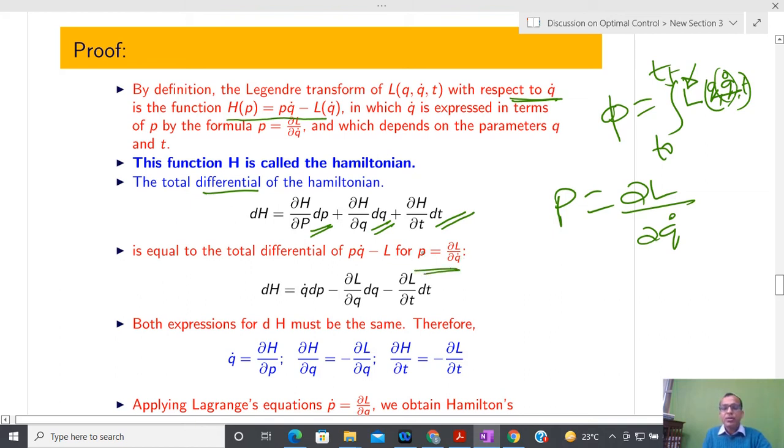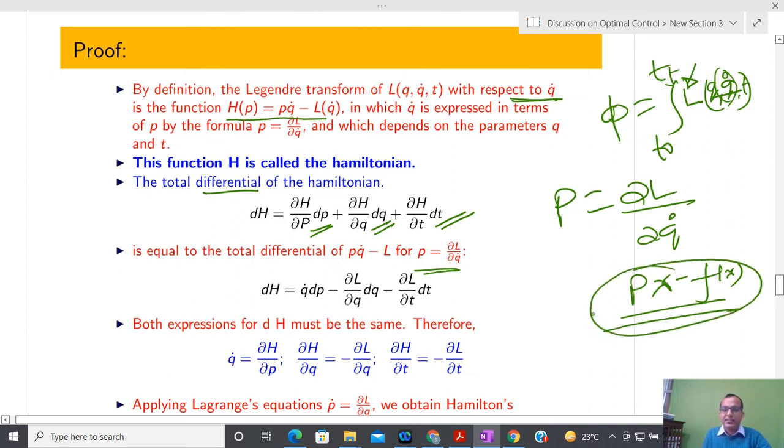Okay, so how are we doing that? I have told you that whenever I have px minus some f(x) kind of thing, at that time in order to calculate p, I take the partial derivative of the whole thing with respect to x. Similarly here I have to take the partial derivative of the whole thing with respect to q dot, and due to that reason p minus dou L by dou q dot equals 0.